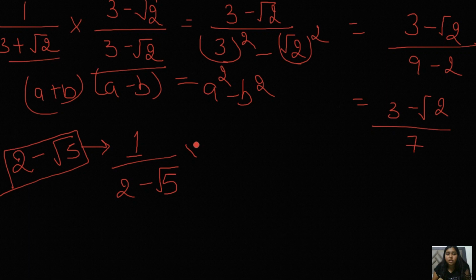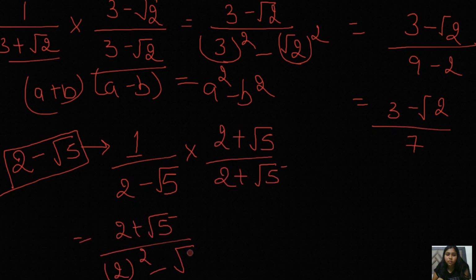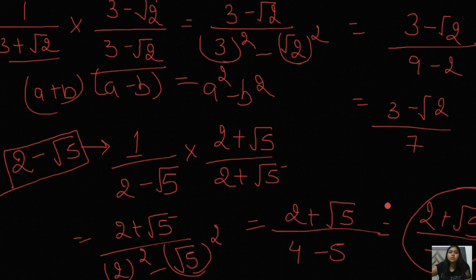Just multiply and divide it, but with the opposite sign between them. So the answer will be 2 plus root 5 divided by minus 1. This is how you can carry on with rationalization.